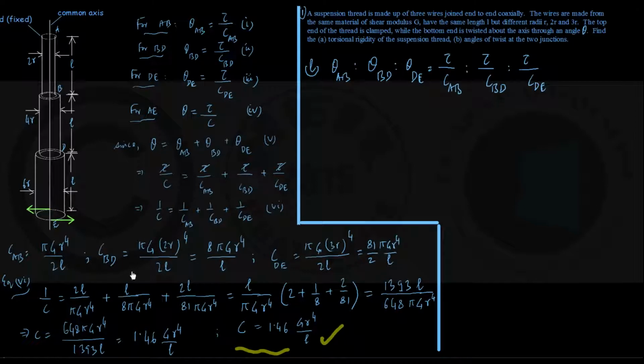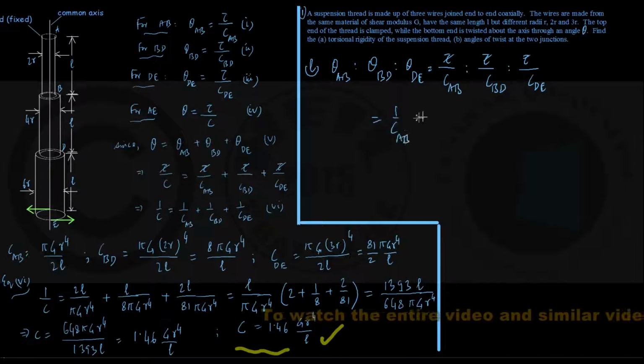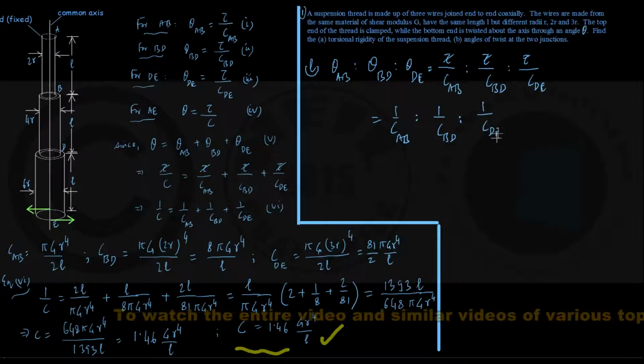I am referring to equations 1, 2 and 3 written on the left hand side. All calculations shown here for the part A, you can refer to them as I do the part B of the problem. And this ratio, the taus go off, and it is coming out to be the ratio of the angles, that is 1 upon CAB is to 1 upon CBD is to 1 upon CDE.